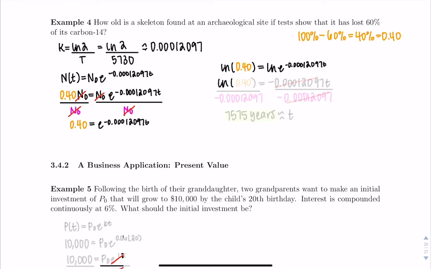So we get ln of 0.4 equals negative 0.0001297t, and we want to divide by that long decimal again.